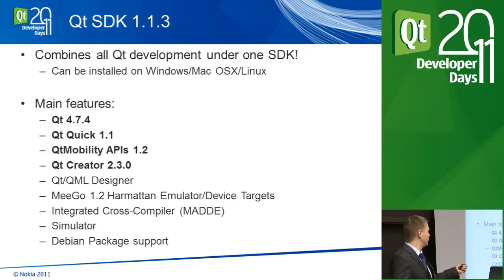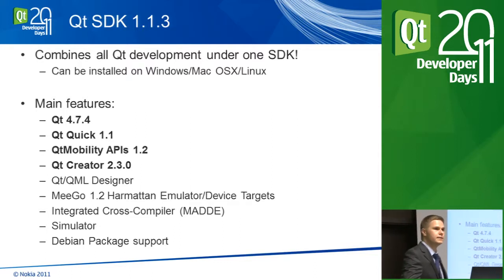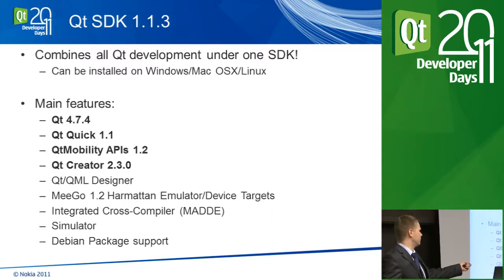Qt Quick 1.1. Qt Quick is the technology that we will be using for implementing our UIs in this training. And Qt Mobility APIs 1.2. Also, Qt Creator version, this one is a bit outdated.